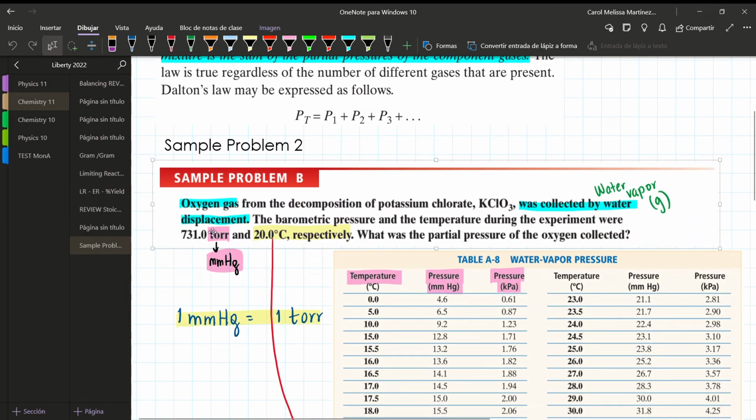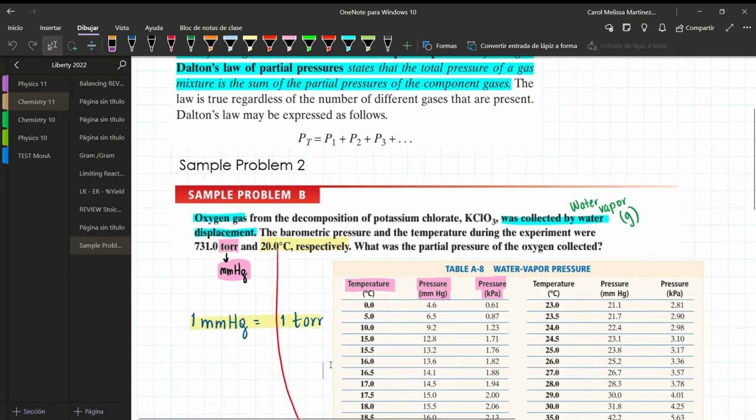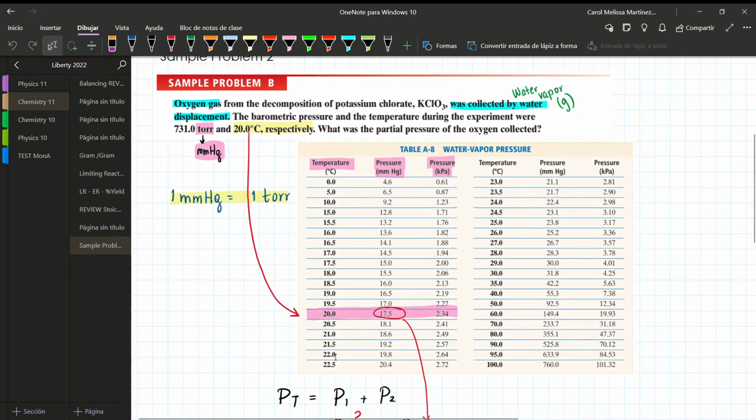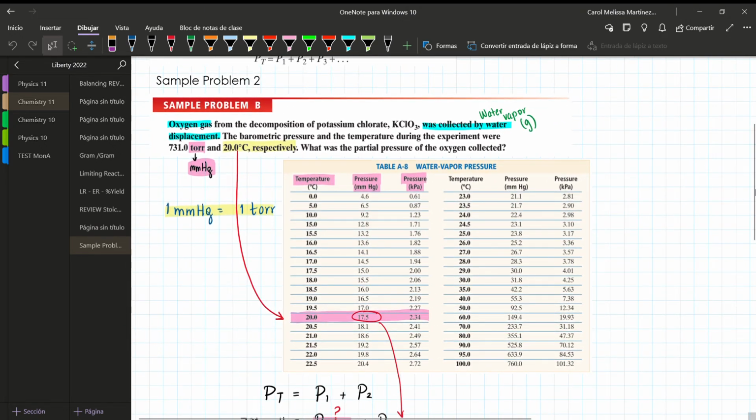But you know that they are the same, basically. They are equivalent. But if the problem says what was the partial pressure in ATM or whatever unit, you have to be respectful of that, and you will need to convert. I don't know if about this problem you have a doubt. It's quite simple.